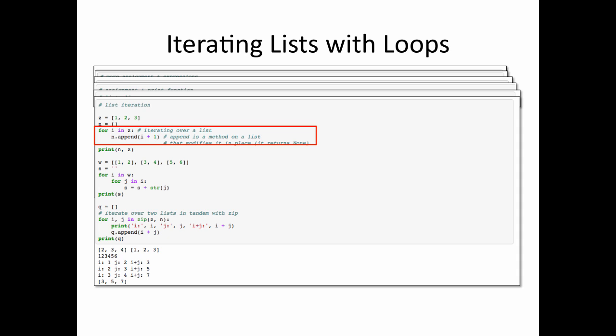The colon here in Python indicates the beginning of a block. This is just like the curly braces in C languages. I'm going to assign the values 1, 2 and 3 in the list at every iteration to the variable i. Note that we do not need to declare the type of variable i.